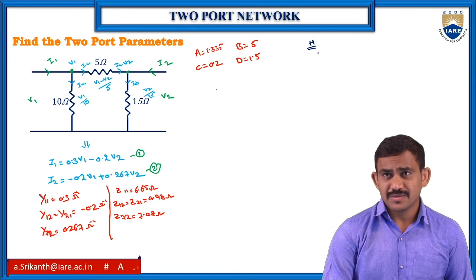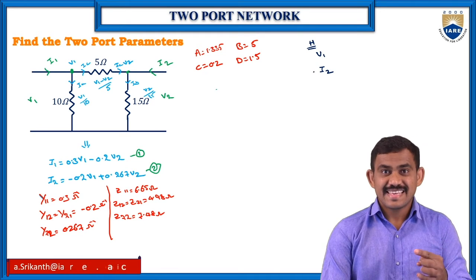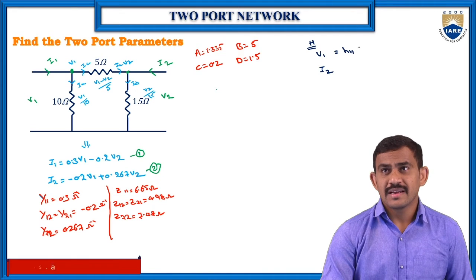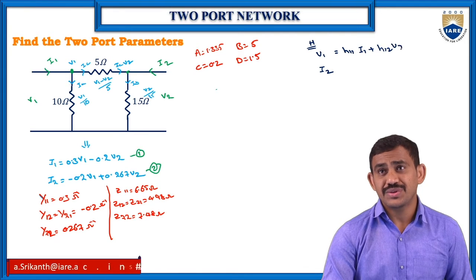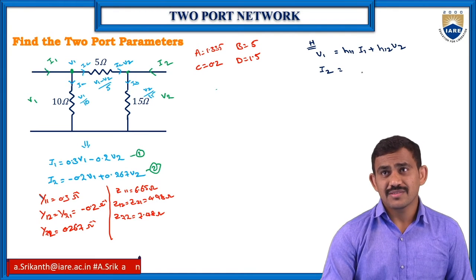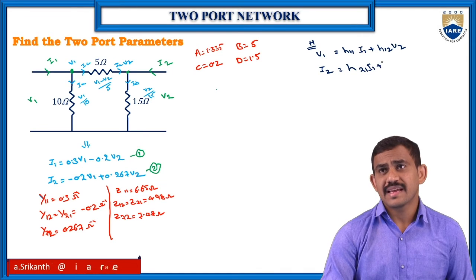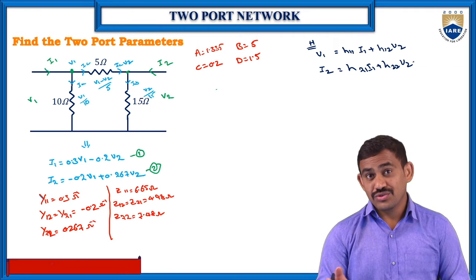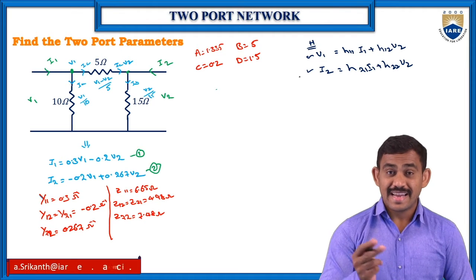Hybrid parameters means V1 as well as I2, so primary voltage, secondary current, in form of H11 I1 plus H12 V2, and again H21 I1 plus H22 V2. So we have V1 and I2 in form of I1 and V2.